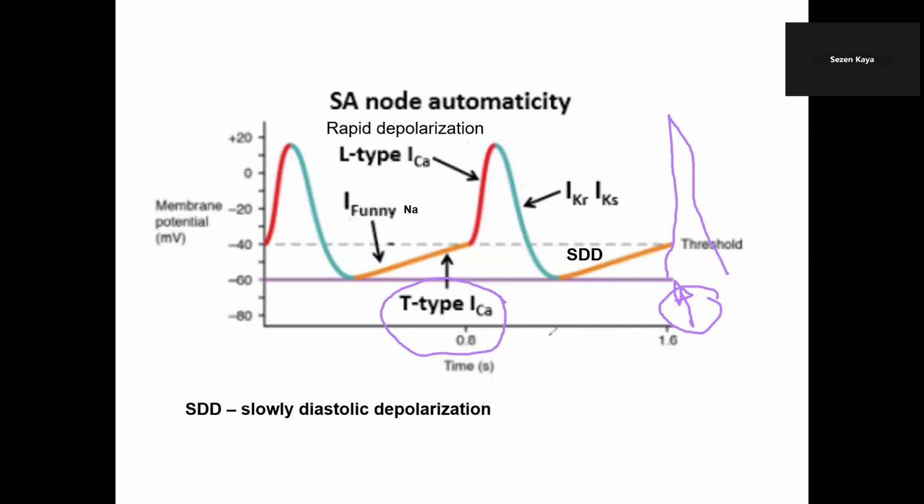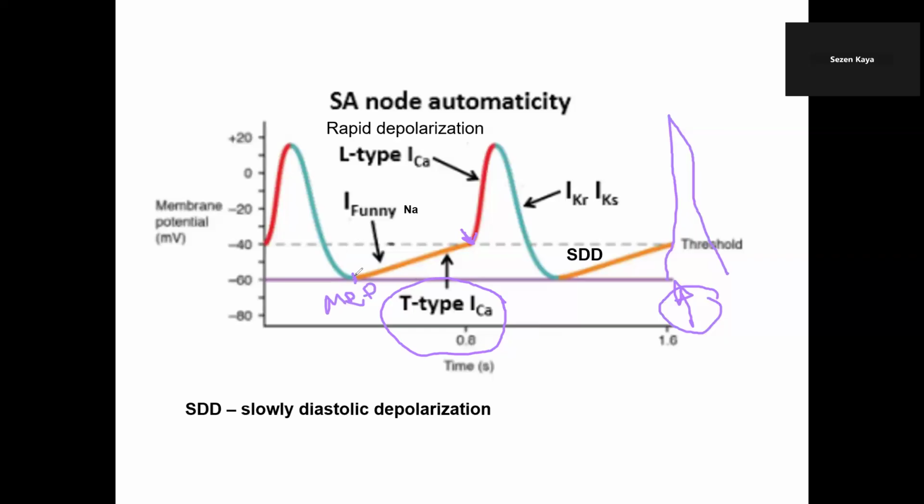Funny. Why are they funny? Because normally sodium channels should be open, most of them, at the point when we reach the threshold level. But these channels work from the start of the membrane rest potential. For example, -60 is the MRP level.